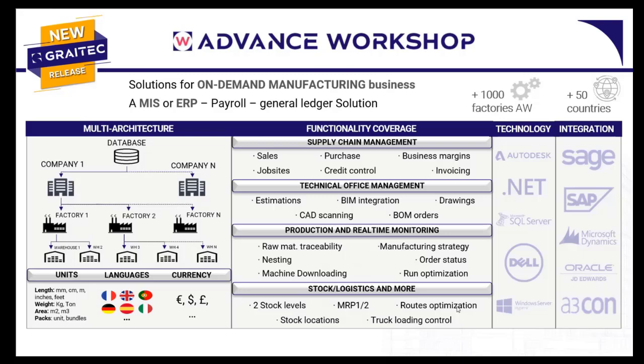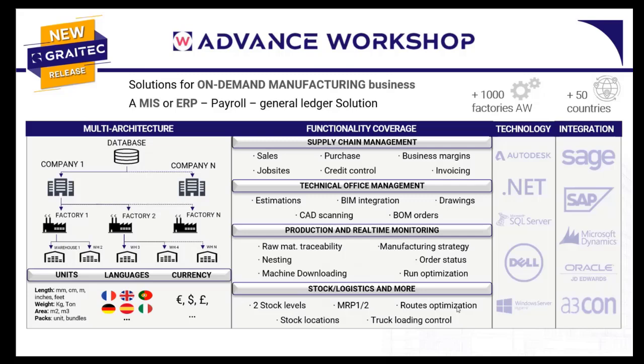And we can even have real-time monitoring and traceability in the workshop. This is with the addition of hardware. So we have applications that sit on top of PDAs and tablets, and we can really track all actions at each workstation and in the shipping department. And for stock management as well, we can integrate barcodes to track your stock levels.